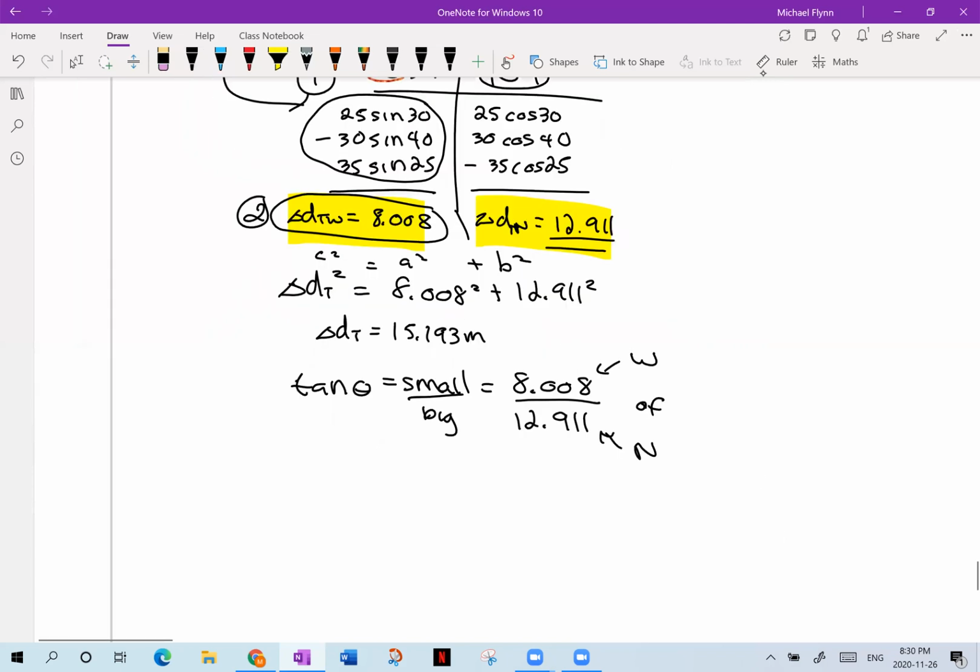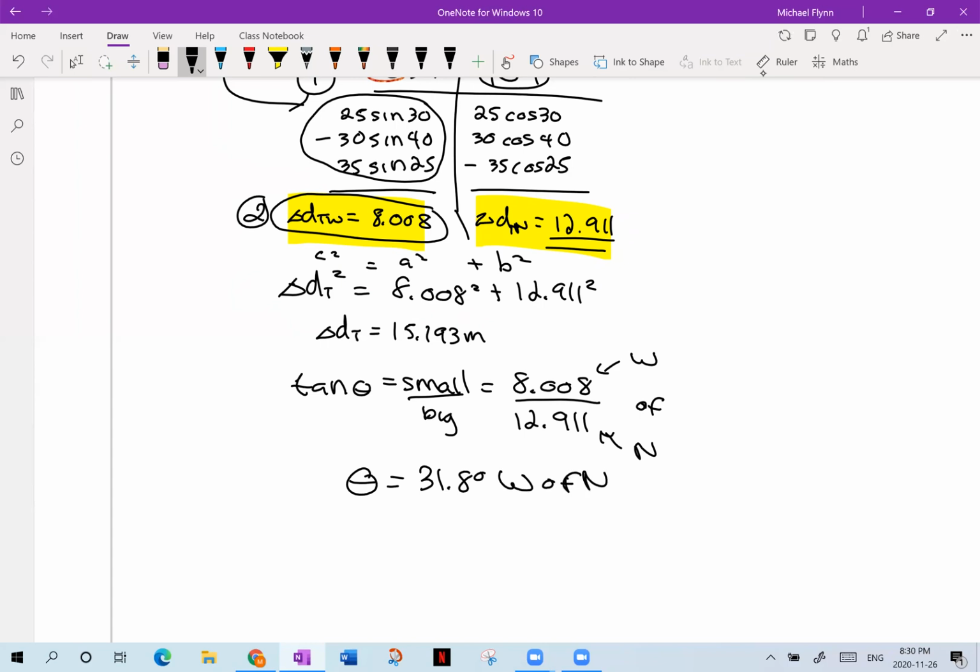So now I'm going to just figure out what theta is. 8.008 divided by 12.911 equals that. Take the inverse tan of that. I get 31.8 degrees. So theta equals 31.8 degrees, and it's west of north.